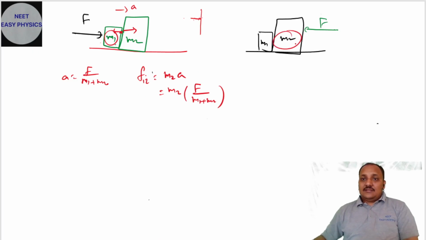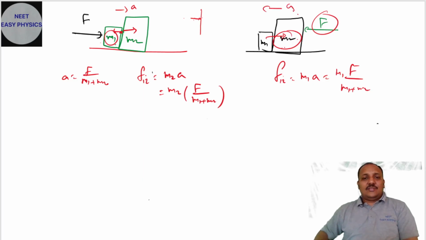In this case, force is acting on M2. Therefore, contact force between 1 and 2, F12, is equal to M1A, so M1F by M1 plus M2. In both cases, acceleration is the same.